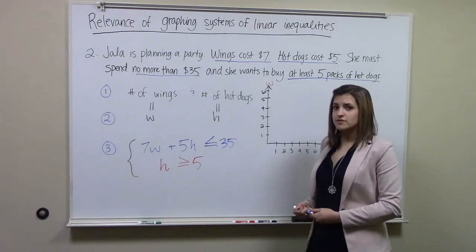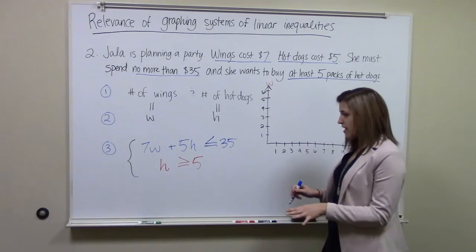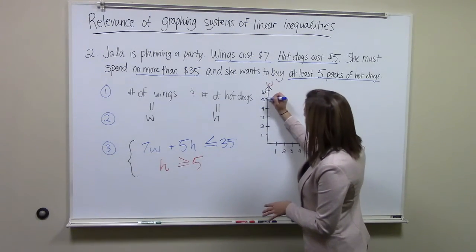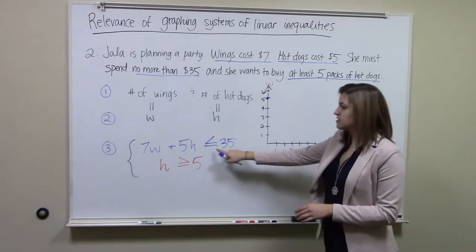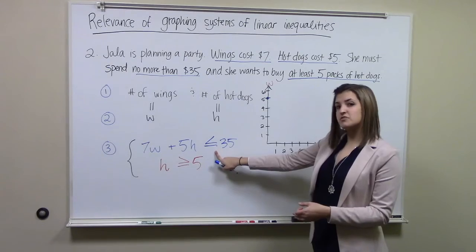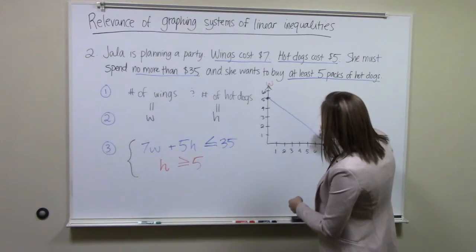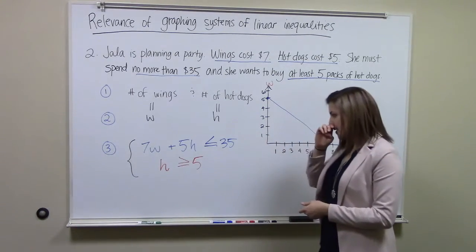So I found the W and H intercepts, but it doesn't matter which way you do it, you're going to get the same graph. So if I find those intercepts, I'm going to find that my W intercept is right here at 5, and my H intercept is over here at 7. So I also noticed that I have that equal sign there, so my boundary line is going to be solid. So I can connect these two.